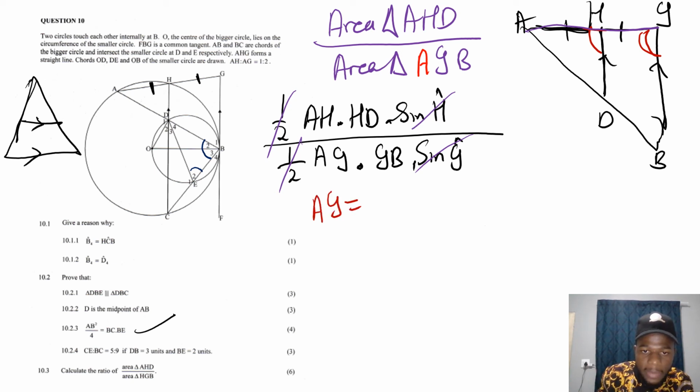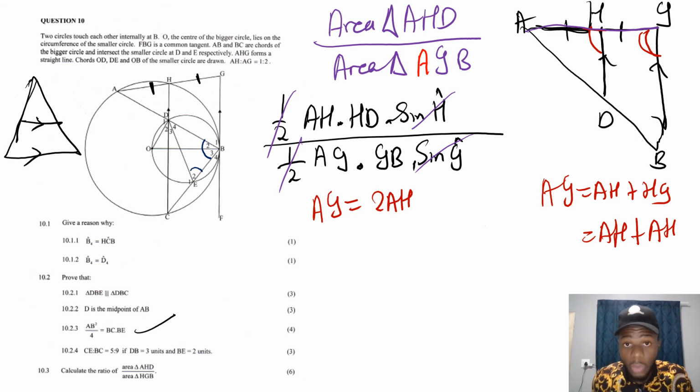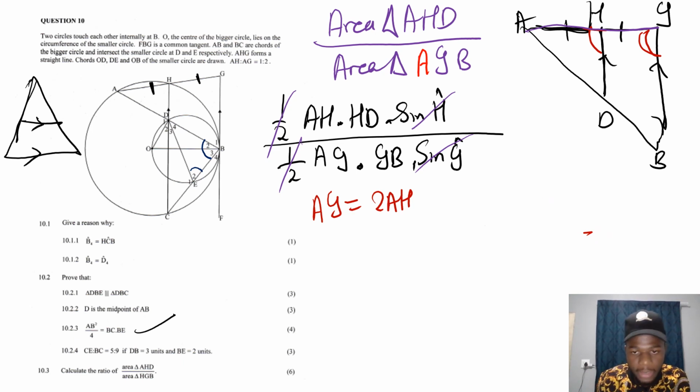AG is the same as 2AH, because AG is formed with AH plus HG, and this is the same as AH plus AH, because HG is also AH, right? Perfect. So it will give us 2AH.